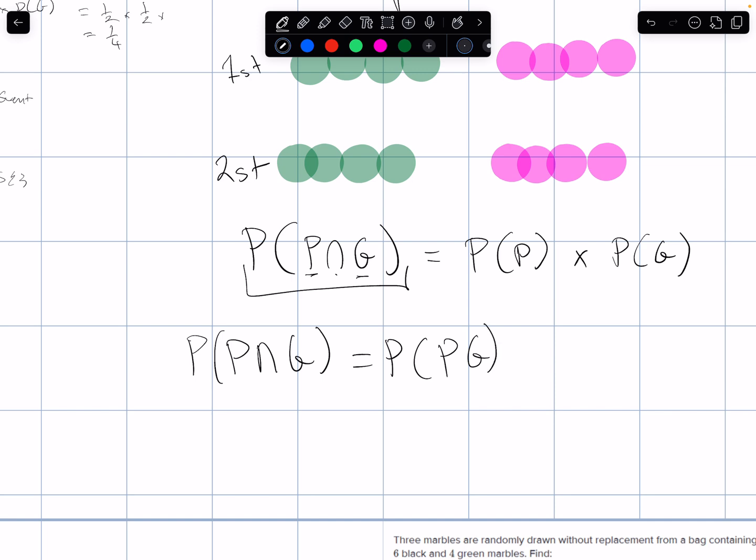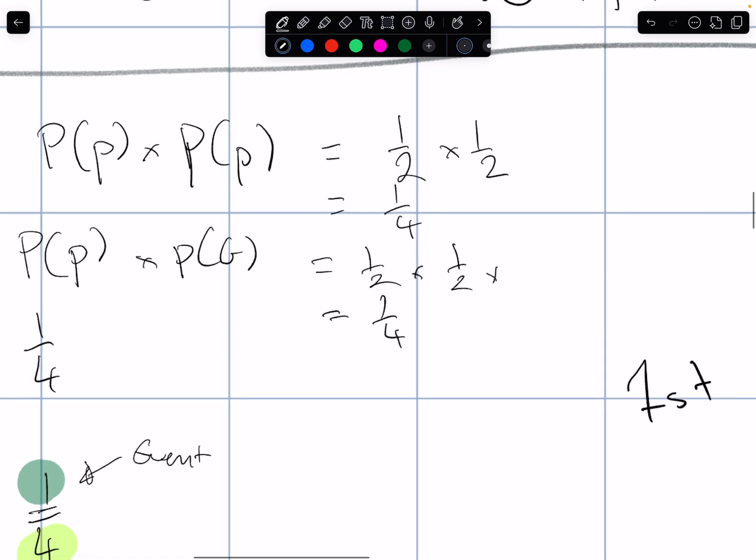Here, which we said is a quarter, because if I get pink and then green, I have a half a chance first and then another half a chance second. We multiplied those across, which is what we did right over here.